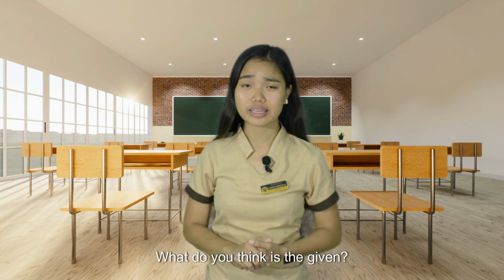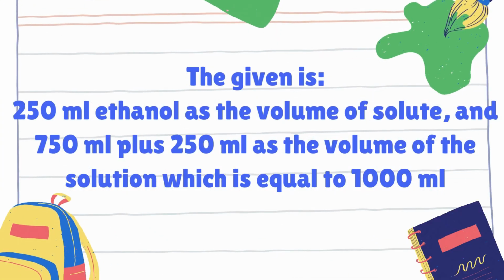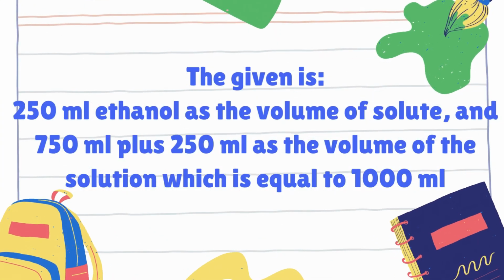What do you think is the given? The given is 250 ml ethanol as the volume of solute, and 750 ml plus 250 ml as the volume of the solution, which is equal to 1000 ml.